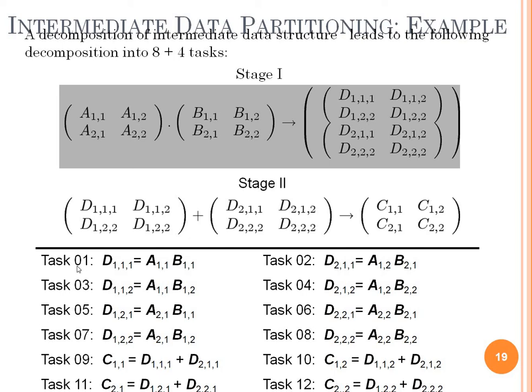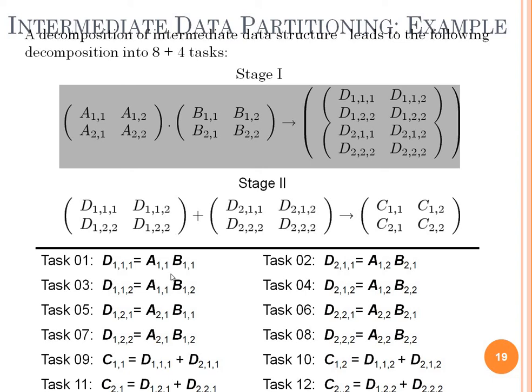Now see here, again, a total of 12 tasks are formed. Again it depends on the programmer, on the user, in what way he or she performs the task distribution. So the tasks always vary from programmer to programmer; it is not fixed. Here, let's see, task 1 equals D111.